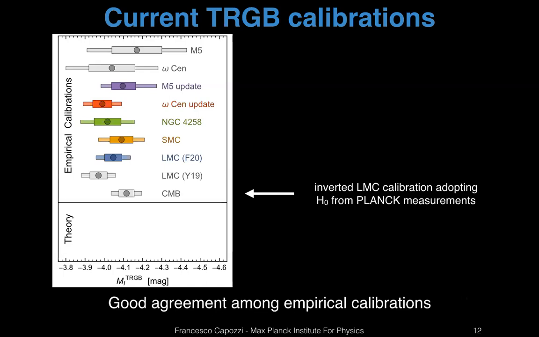And this is basically what we have done in this last bar, in the empirical calibrations, where we have inverted the LMC calibrations, and we have put as input the H0 value coming from Planck, and we have obtained a calibration for the tip of the red giant. And you can see there is, in the end, a good agreement among all the empirical calibrations.